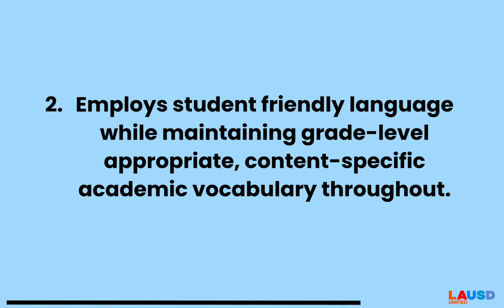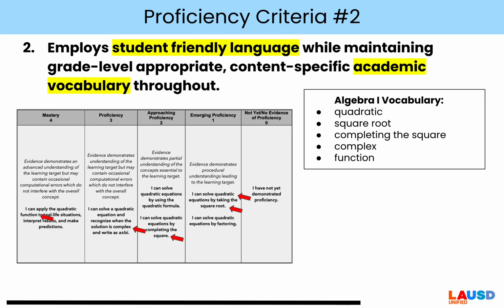So moving on to the second criteria for proficiency, employs student-friendly language while maintaining grade level appropriate, content-specific academic vocabulary throughout. So we're looking at the same example here, and here we're highlighting that throughout the proficiency scale, while there is student-friendly language used and it is accessible by students so that they can understand what is being communicated, at the same time, we've maintained that very important academic vocabulary.